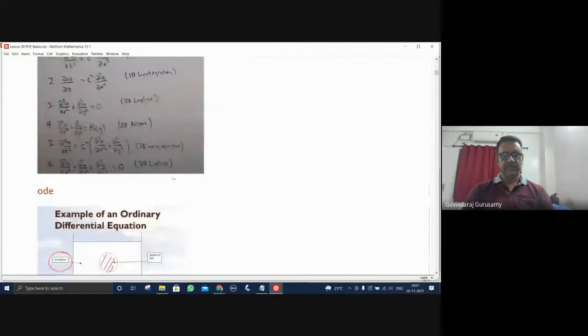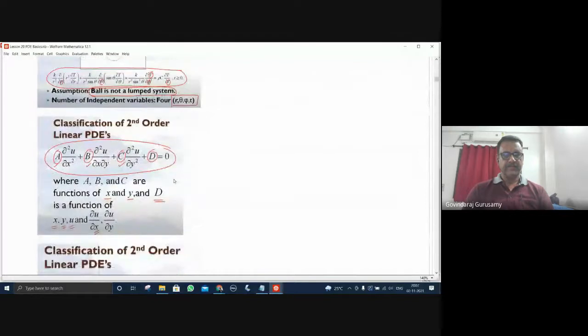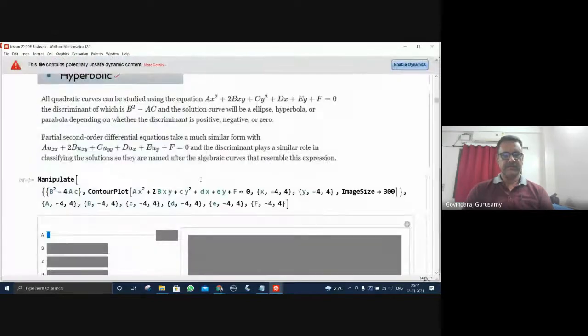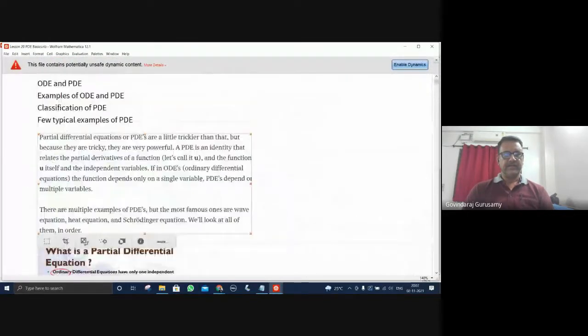I hope you can really appreciate the power of Mathematica by doing many such projects. Okay, so today's class will be on the PDE, partial differential equation, and these are the things which I plan to touch upon: a little bit of introduction to ODE because we have done enough on ODE, examples of ODE and PDE, classification of the PDE, and a few typical examples for partial differential equations.